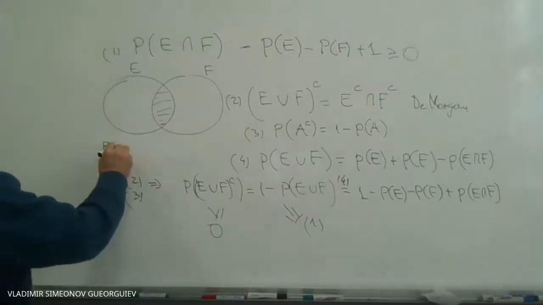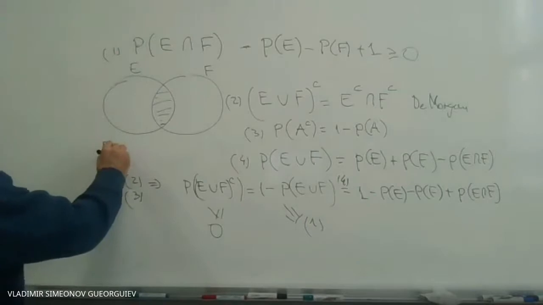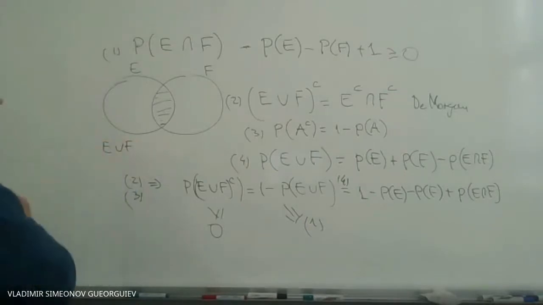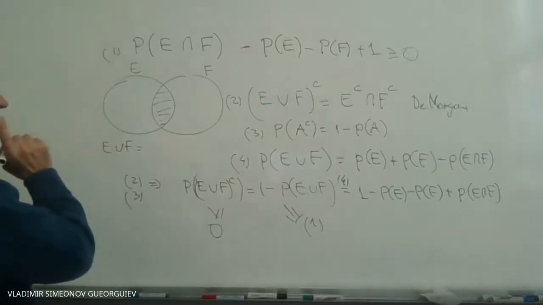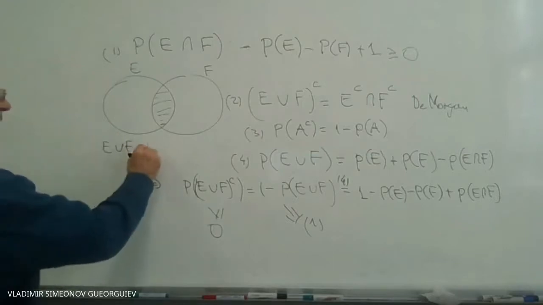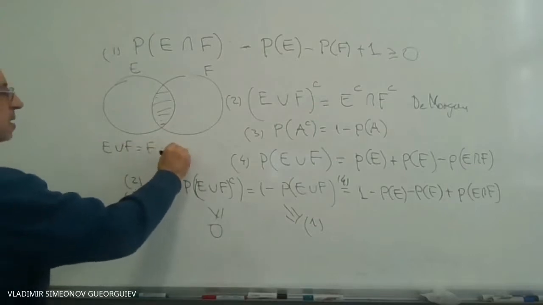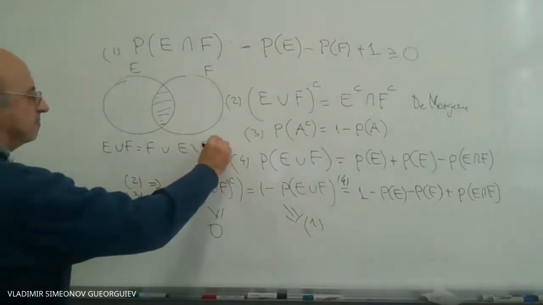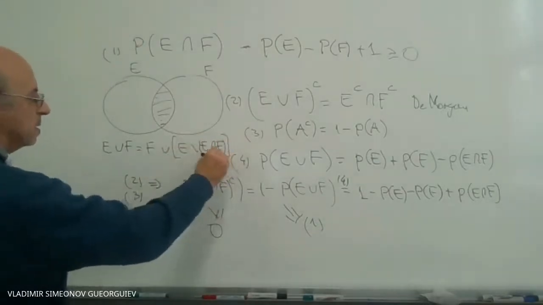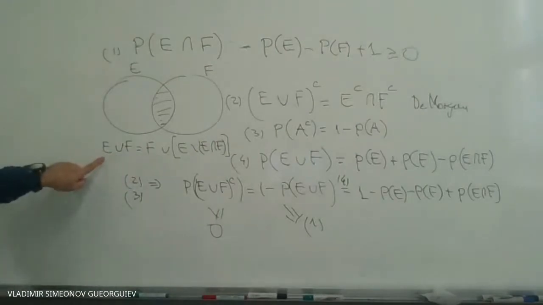A union F is equal, practically, to F union A minus A intersected with F. Look what we have here.